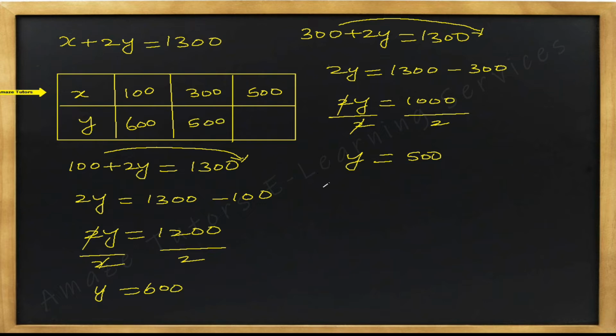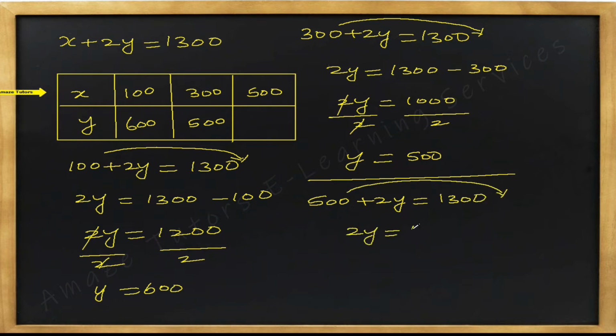And the third value, substitute x is equal to 500. 500 plus 2y is equal to 1300. Take 500 to the other side. 2y is equal to 1300 minus 500. 2y is equal to 800.